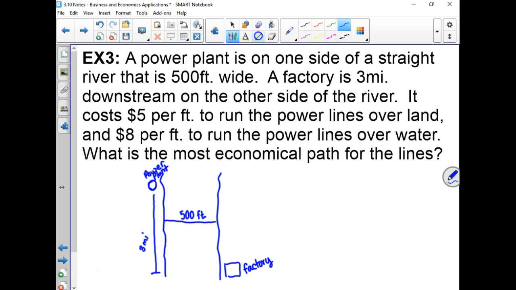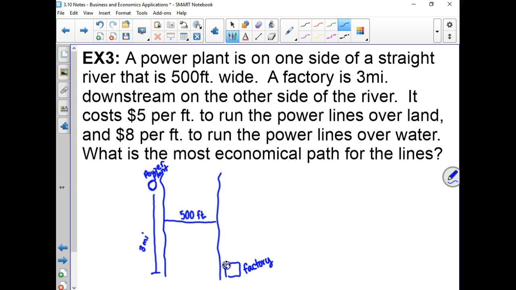So, kind of like the rowboat problem, the shortest distance would definitely be just to go straight from the power plant to the factory. But you're going to have to go completely over water to do that, which is more expensive per foot. If you decide to go all the 3 miles down the river and just go straight across, that will decrease the amount that you have to cross the river, but it's also going to be the longest path you could possibly take.